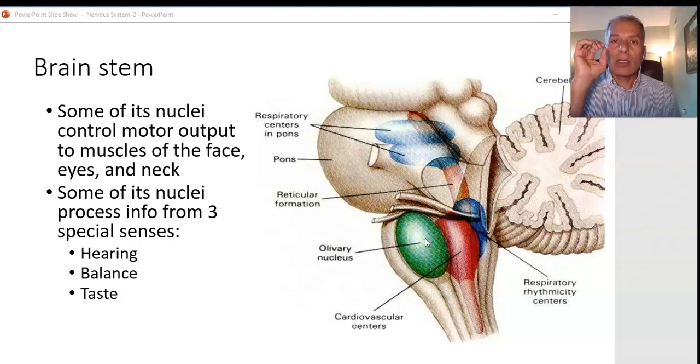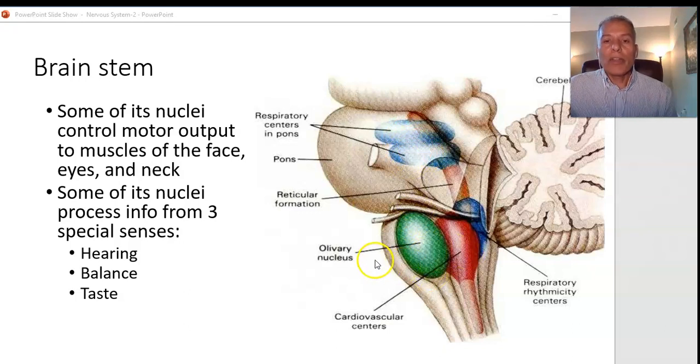Remember that the gray matter, or bodies of neurons, mostly exist in the cerebral cortex, the very top layer of the brain. But when you find bodies of neurons below the cerebral cortex, we call these nuclei. These centers that include lots of cell bodies of neurons are in the brainstem.